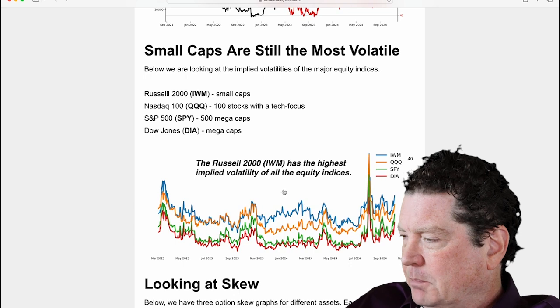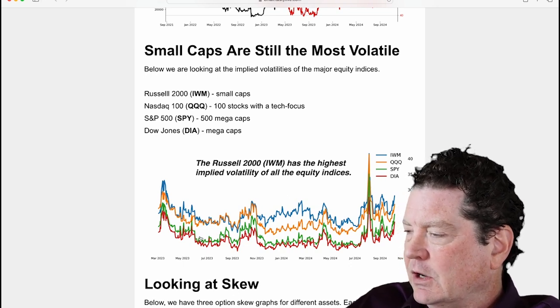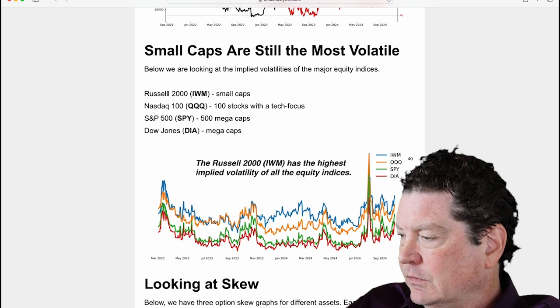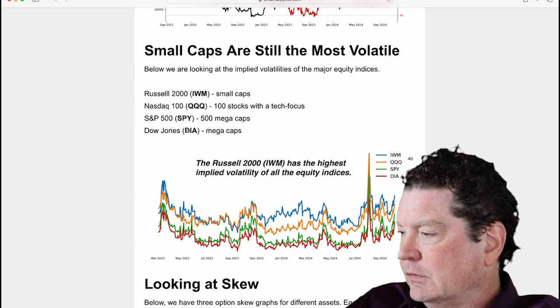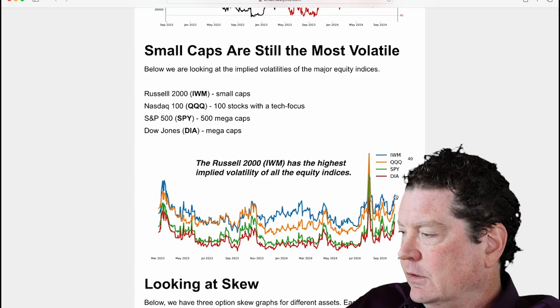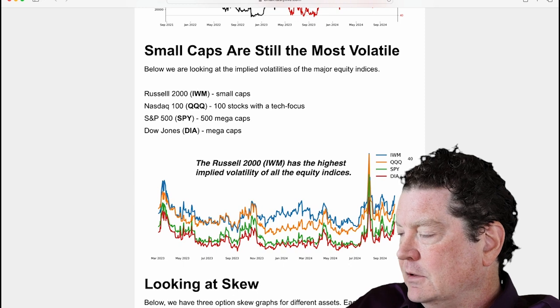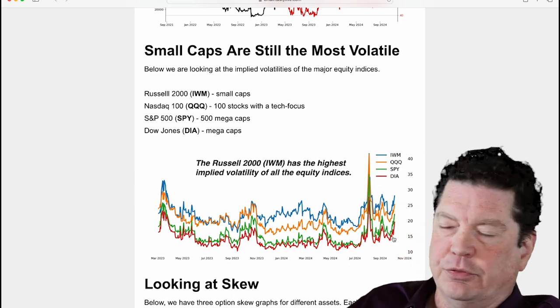This is kind of a busy chart, but these lines are the implied volatilities of these four indices. The blue line is the Russell, IWM. The orange line is Qs, the green line is the SPY, and the red line is the diamonds, the DIA, the Dow 30.